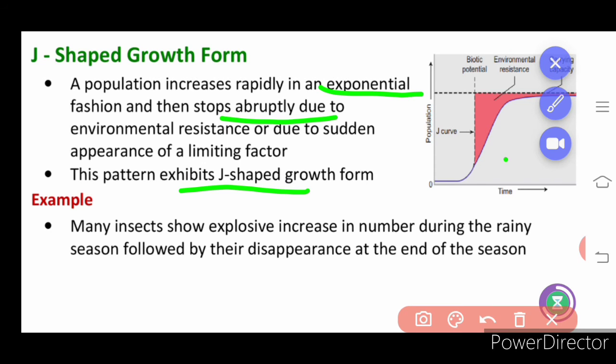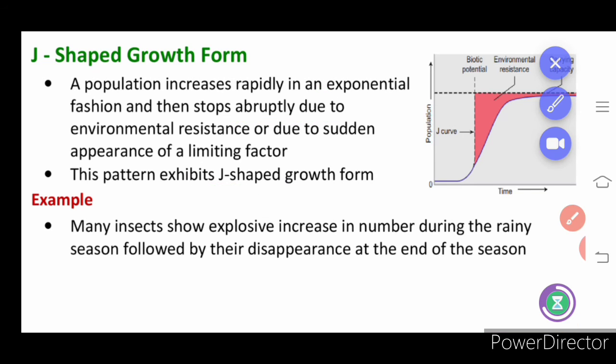Suddenly many insects come in during the rainy season, and then they are not there at all. We might have seen this; dragonflies also appear in our area during the rainy season, then disappear. So the increase in population occurs during the favorable season. That is what is called the J-shaped curve.